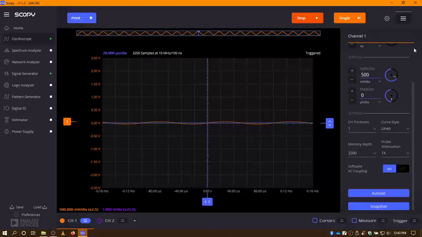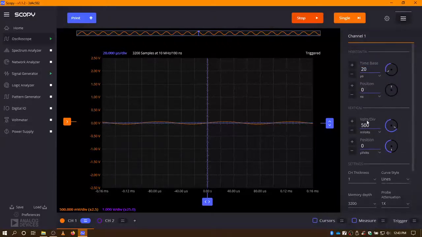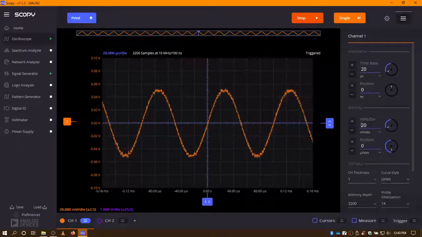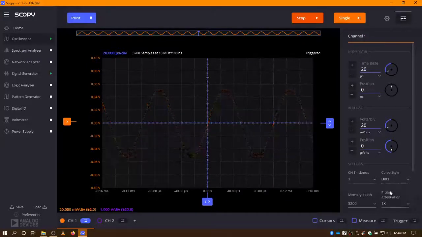I'm going to go back up to the top here and adjust the millivolts per division downward. So I've adjusted it all the way down to 20 millivolts per division. You can actually see the digitizing portion of the A to D that's in the system. See if we change it to dots now.